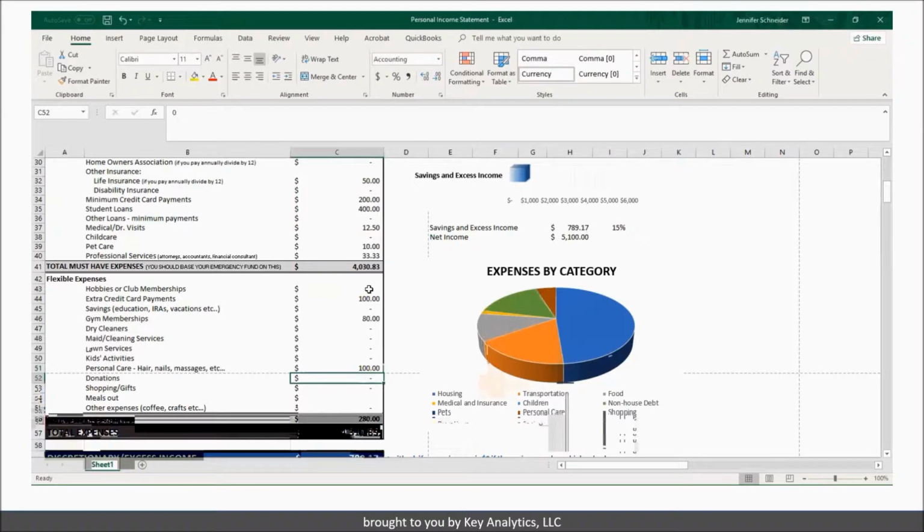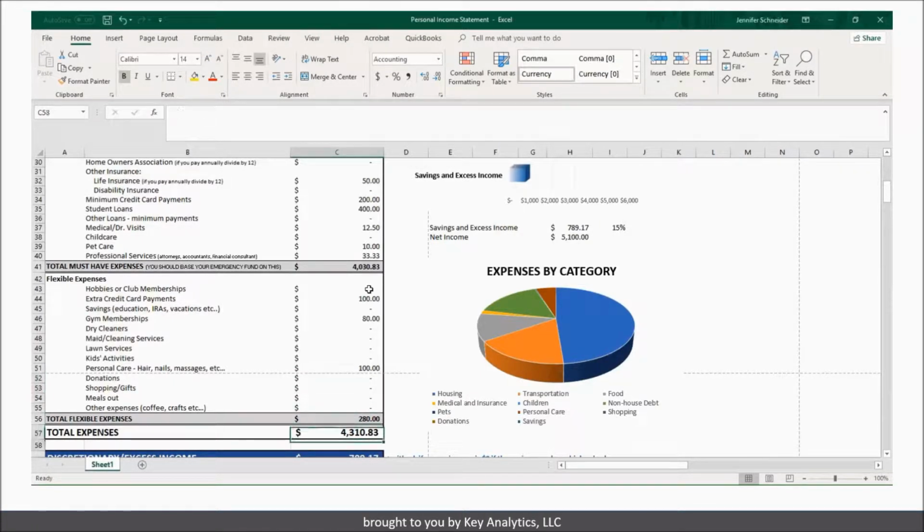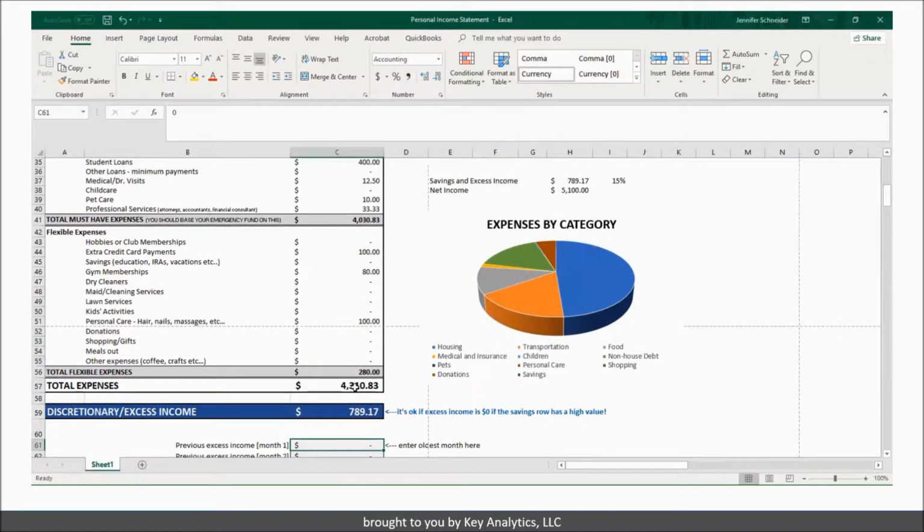Those are things that if something happened to you, you would not need to have those things. So you'll see there also the total is going to automatically populate for you. And then there's going to be a total expenses, which is going to add both those flexible and the must-have expenses together.